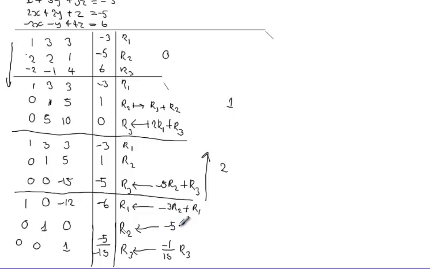Minus 5, row 3, no, negative 3, row 2, plus row 3. Then it's going to be not 0 here.